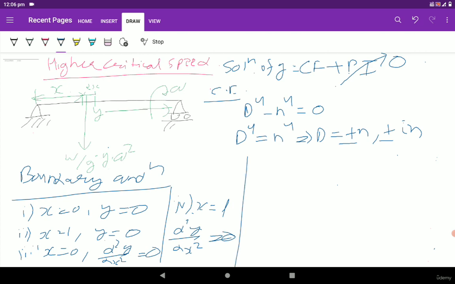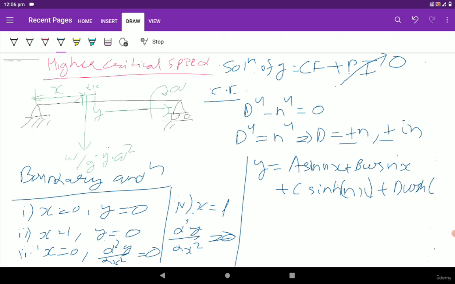So we are going to take these boundary conditions for this equation, that is y equal to a sine nx plus b cos nx plus c sine hyperbolic nx plus d cos hyperbolic function of nx. So let's move forward.